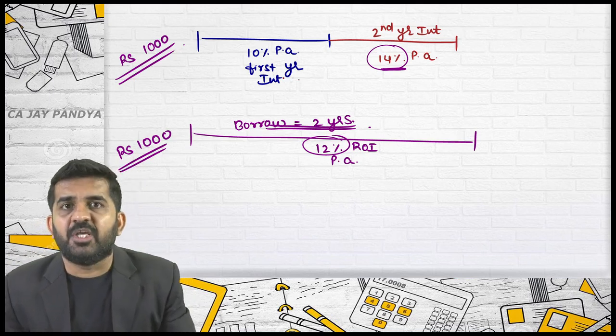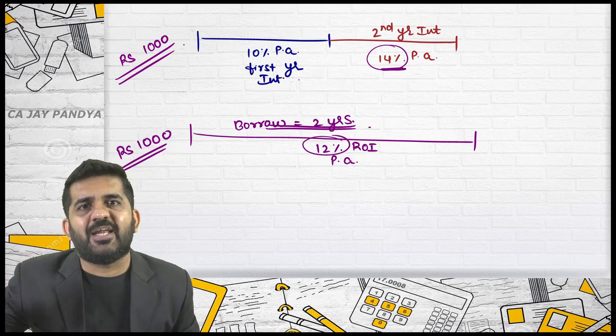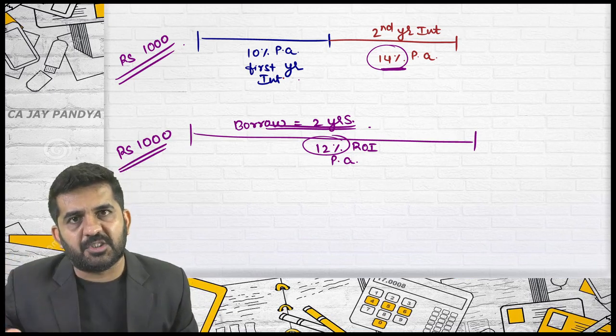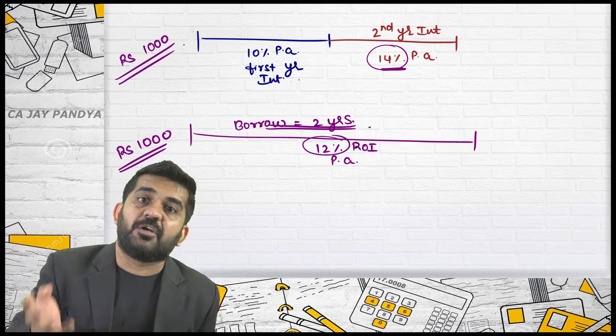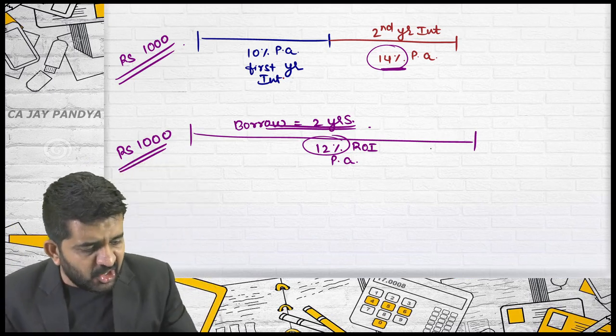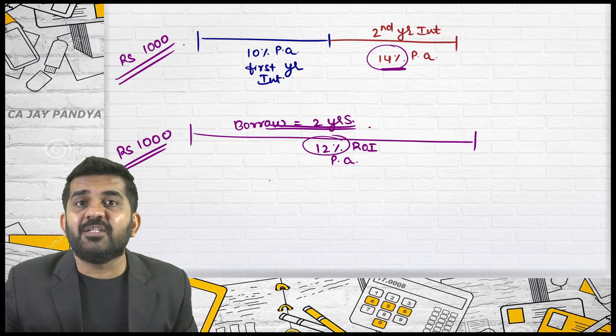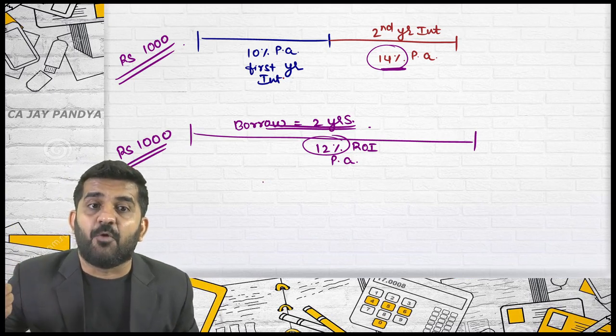Here you are borrowing 1,000 at 10% rate of interest for first year and 14% rate of interest for second year. And here you are borrowing 1,000 at 12% for 2 years.